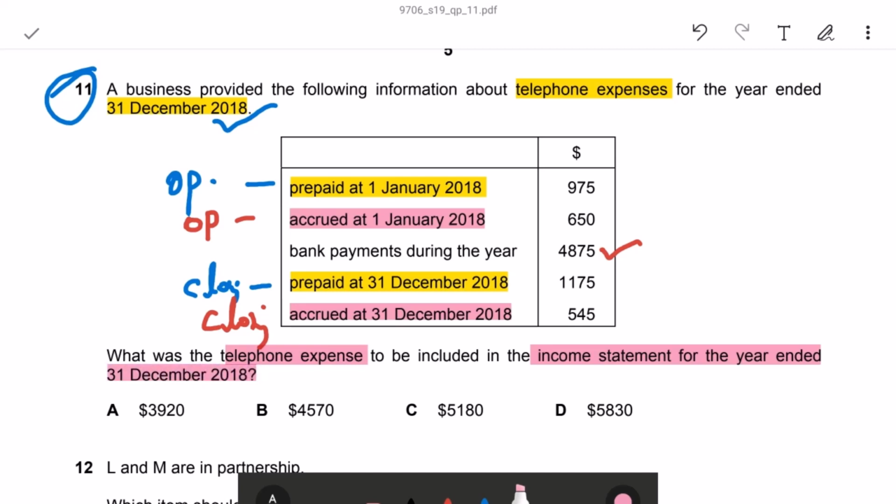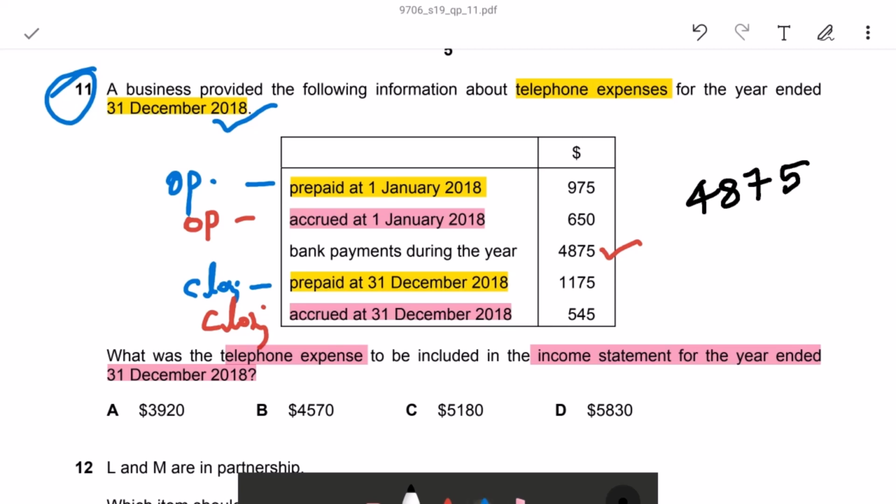So how to do this? How do we calculate the total amount which goes to the income statement? Here the total amount paid is 4,875. This included opening and closing. Here they are given the prepaid and accrued. So opening prepaid means paid in advance.